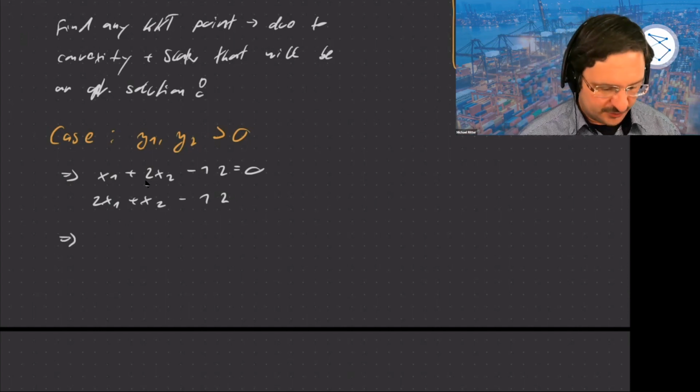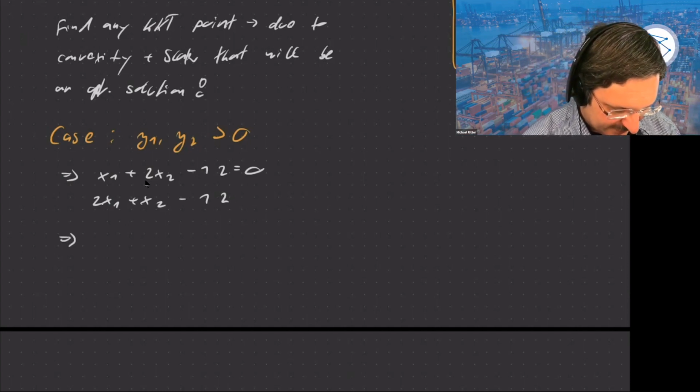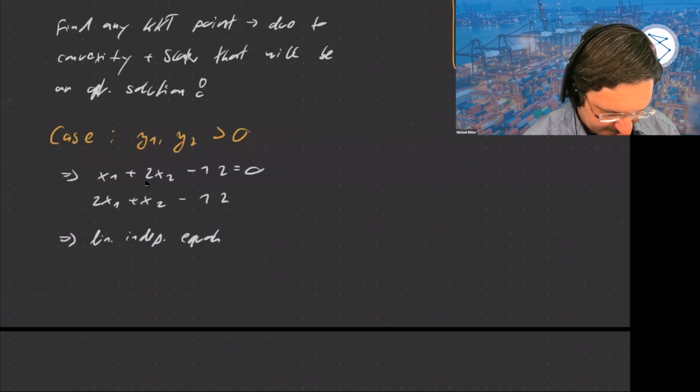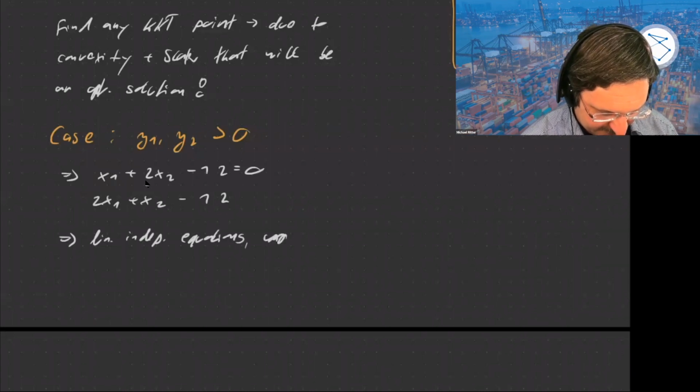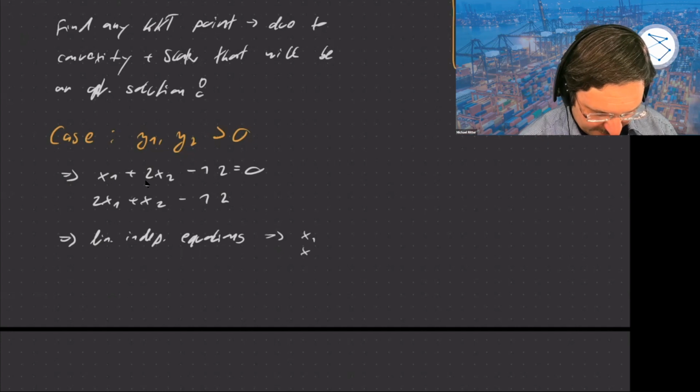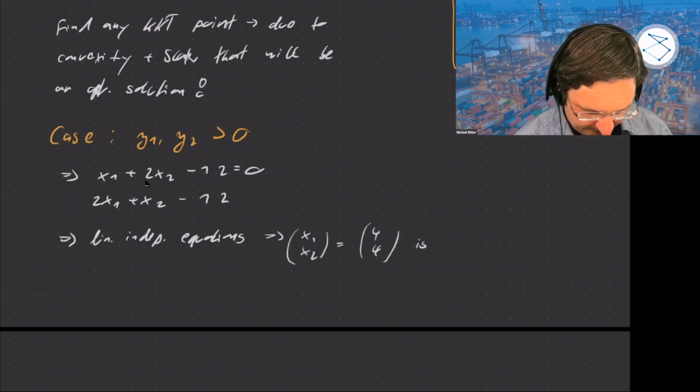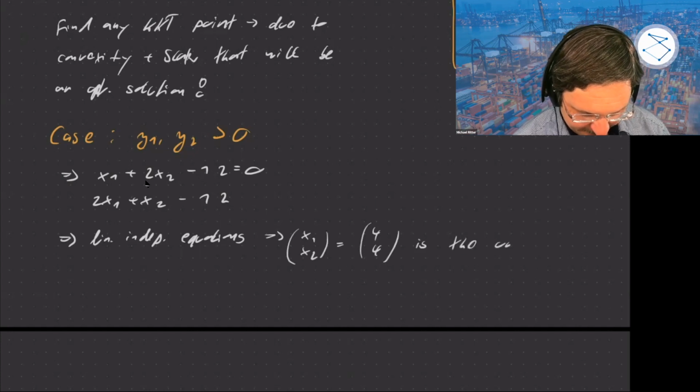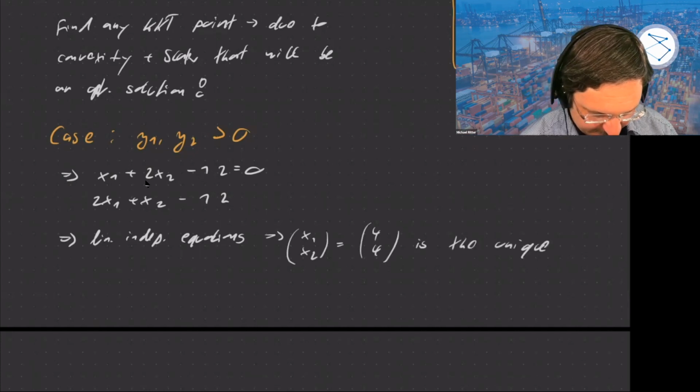So that's the unique solution, right? Linearly independent equations. Thus, x1, x2 equals 4, 4 is the unique solution.